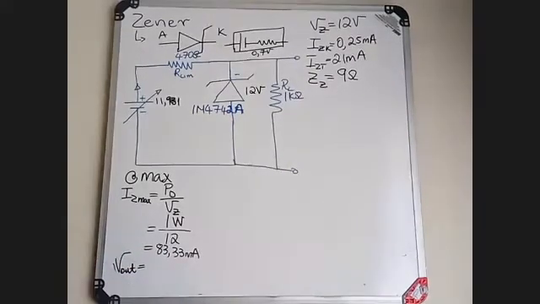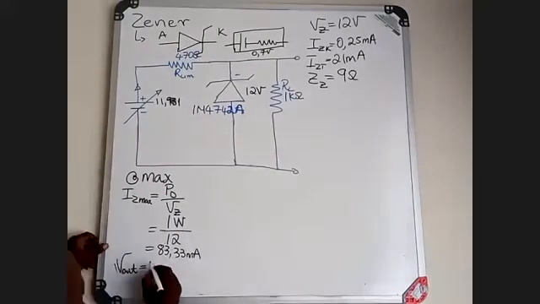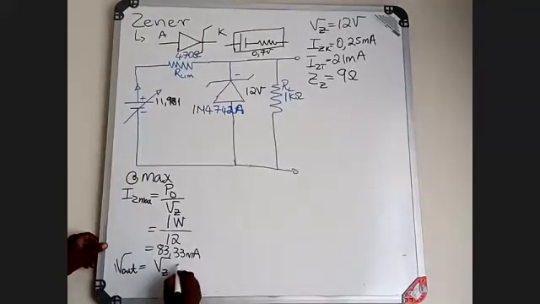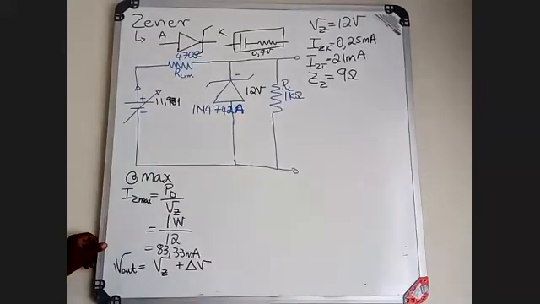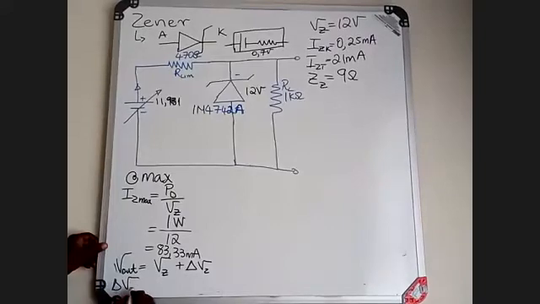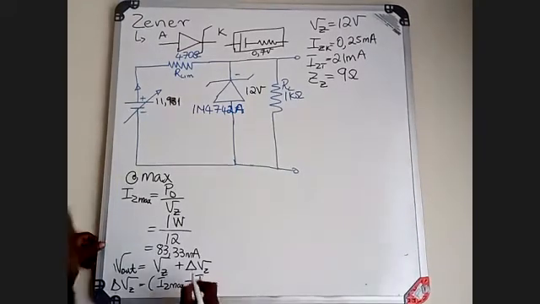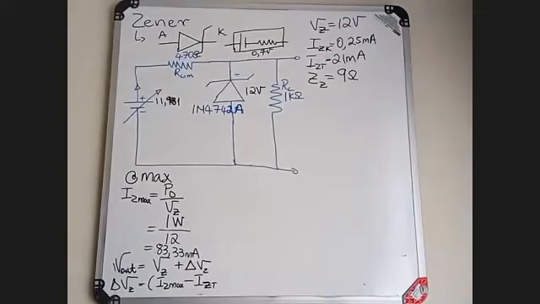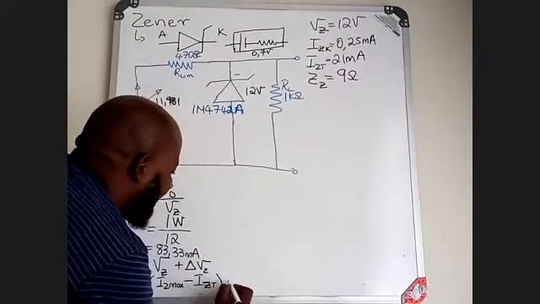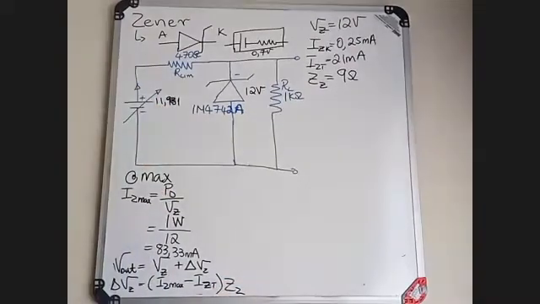Your V out at maximum is going to be your V of Z plus your change in voltage of Zener, whereby your change of V of Z will be given by your IZ maximum minus your IZT, or your current of Zener at test point, multiplied by the Zener impedance.